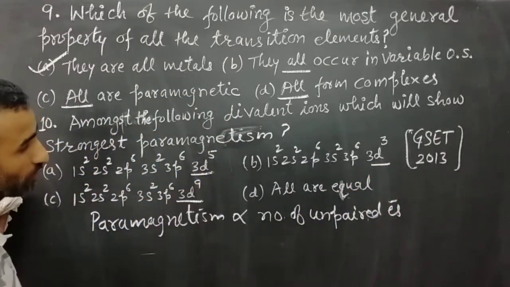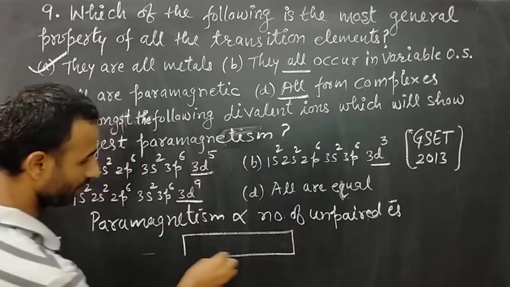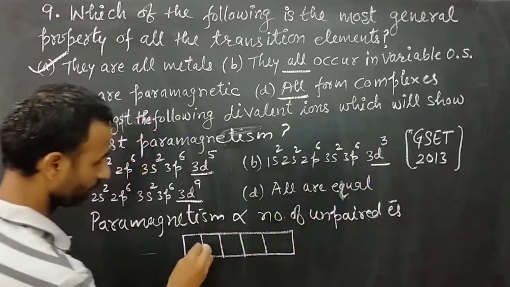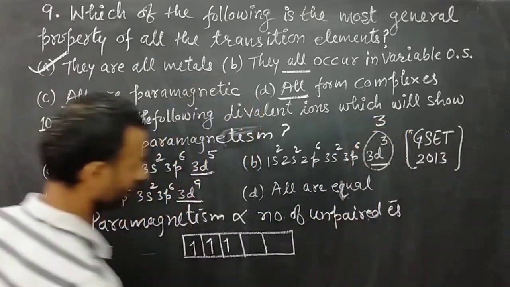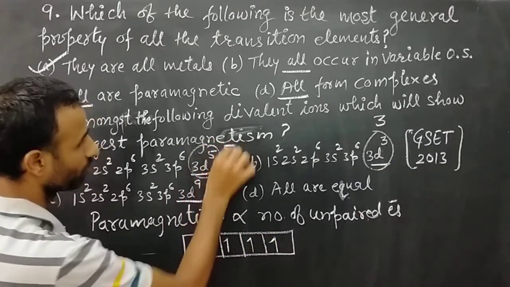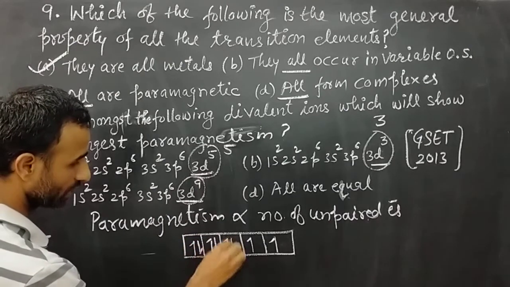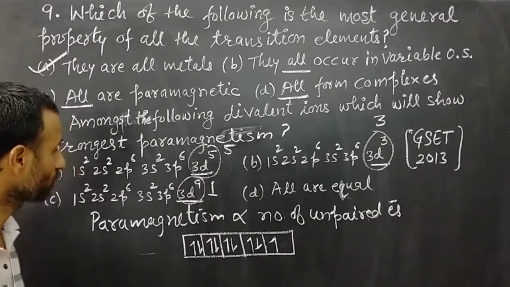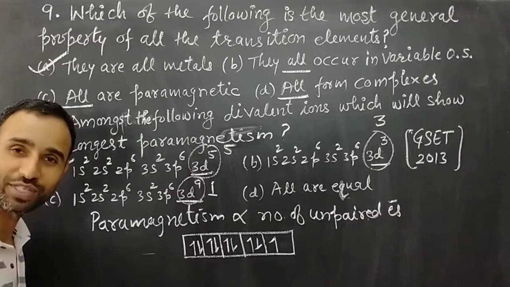In the first case, how many valence electrons are there? 5. This is the d subshell in which there are 5 orbitals. In d3, there are 3 unpaired electrons. In d5, there are 5 unpaired electrons. In d9, now pairing starts, there is only 1 unpaired electron. So the maximum number of unpaired electrons is in the first case. So this is the right option.